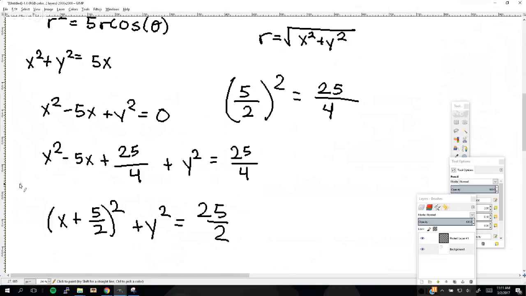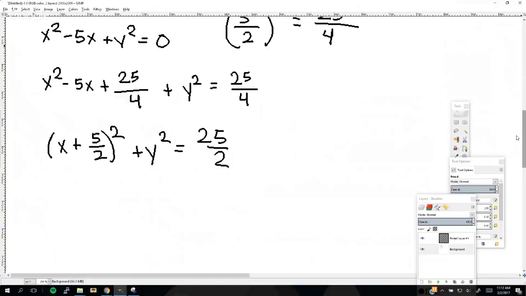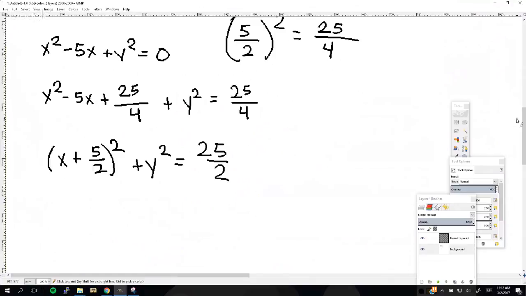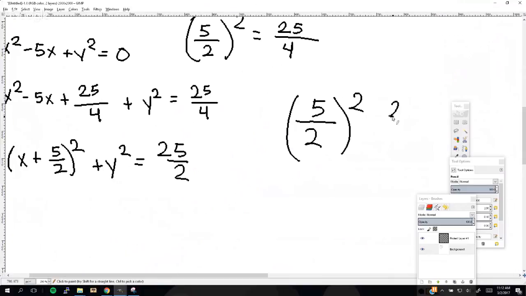Okay, that makes sense. I don't know why you do that, but you do that. The video that I was watching said to do something pretty similar. You divide this number by 2 and then square that, and in our case we get 25 over 4.